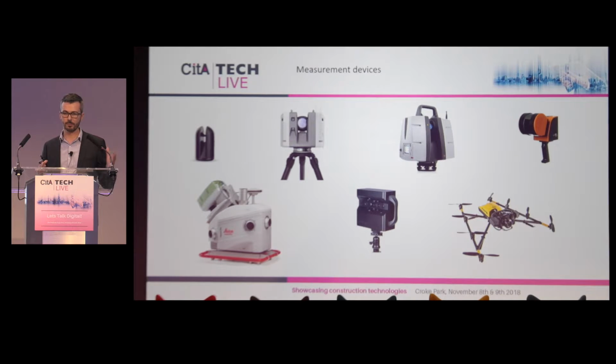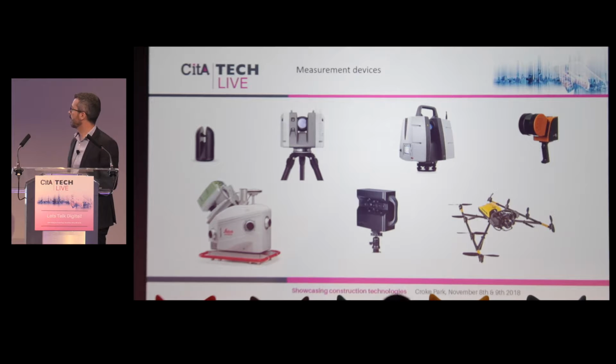They start at a price range of 10,000 euros probably, and they go up to the survey grade laser scanners that will cost almost 100,000 euros. But the components that go into them are not really the same, and the accuracy varies. The cheaper laser scanners can probably give you measurements up to 20, 30 millimeter accuracy. And when we go up to the survey grade laser scanners, the accuracy can be within the millimeter range.